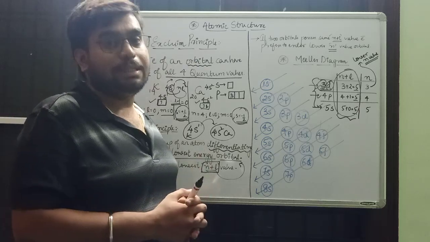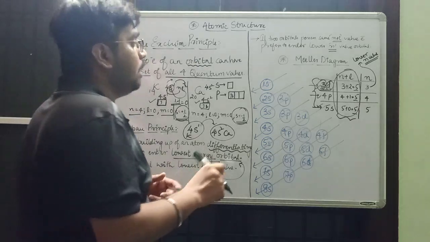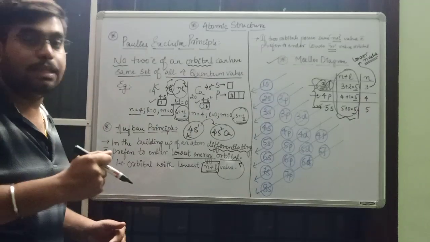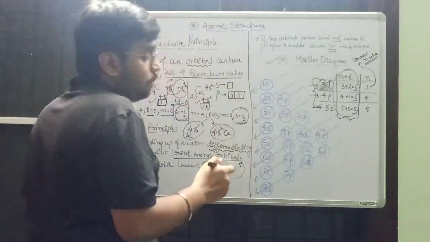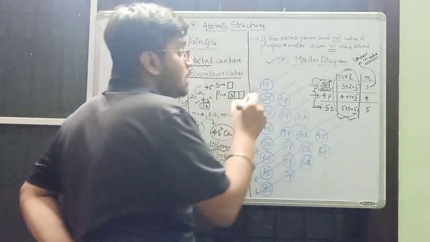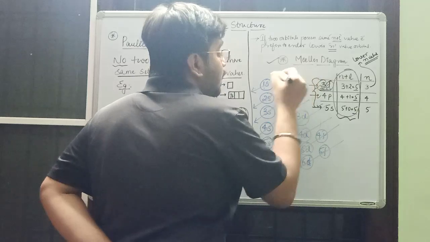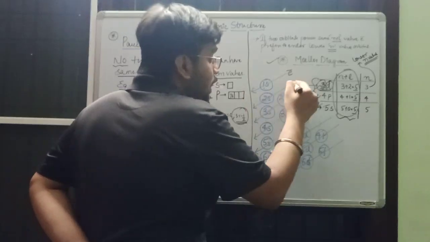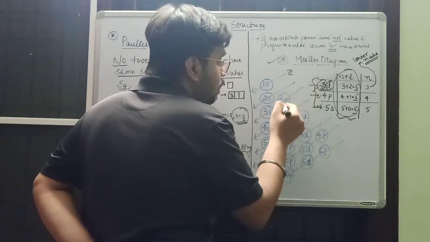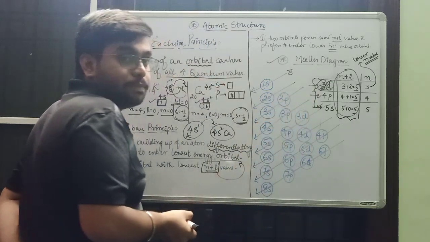How do we measure energies? Energies are given by the Moeller diagram. The increasing order of energies is set up by the Moeller diagram. See, 1s has the least energy, so the electron will first enter this. After 1s, it will go to 2s. After 2s, 2p, then 3s.